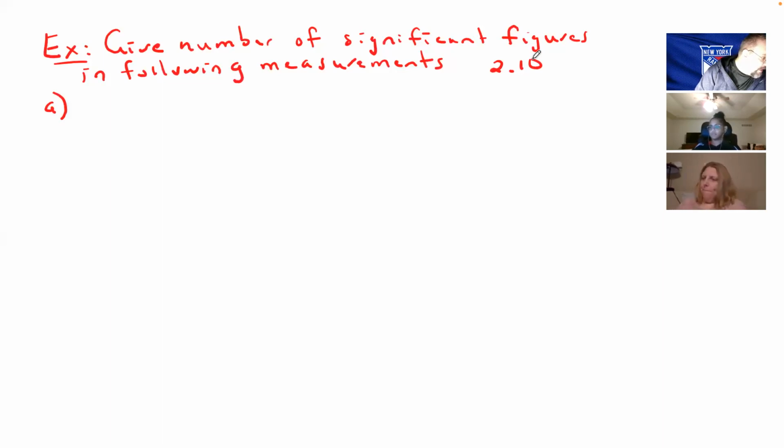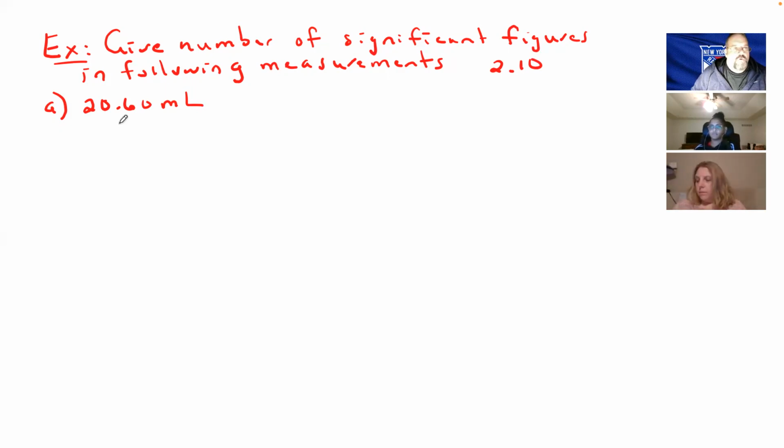The first one we have is 20.60 milliliters. How many significant figures would we have in this number? Well, first off, the 2 and the 6 would definitely be significant because all numbers other than 0 are always significant.